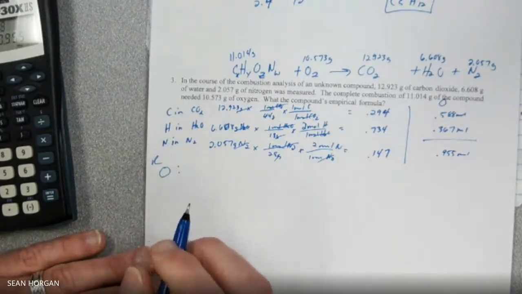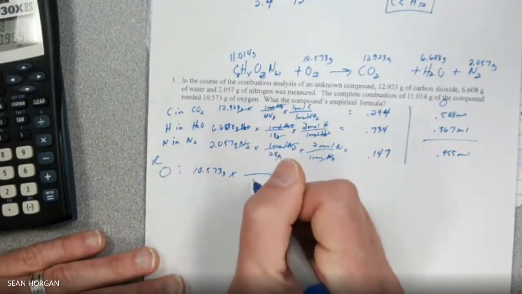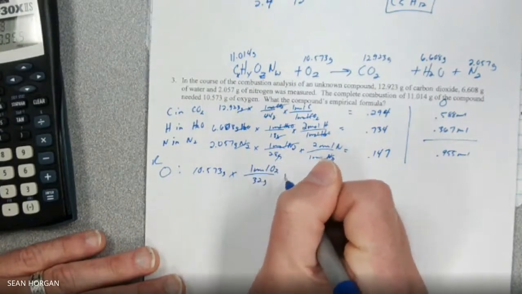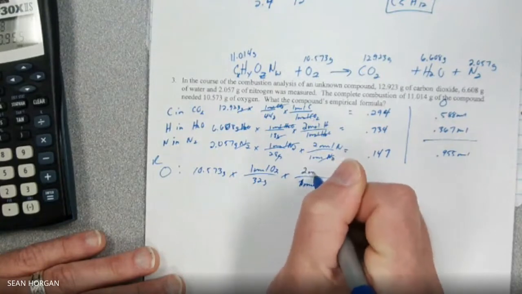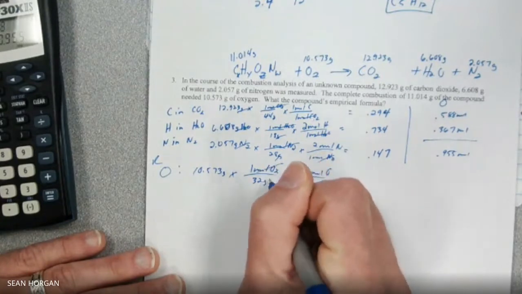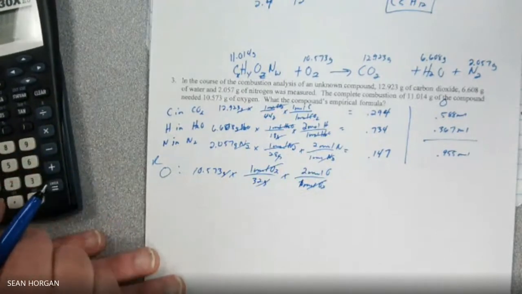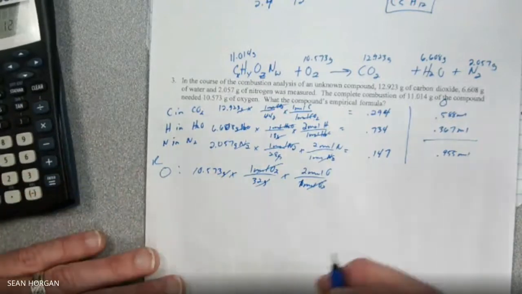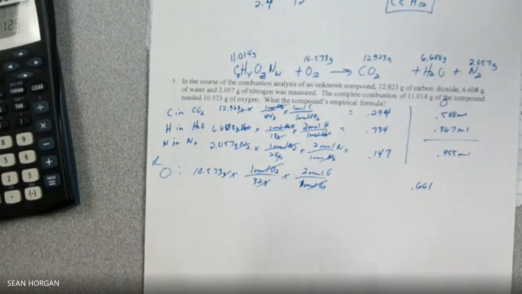Okay? Now, let's do the O on the reactant side so we can see it. And we have 10.573 grams times 1 mole of O2 for every 32 grams times 2 moles of O for every 1 mole O2. Those cancel, right? 10.573 times 2 divided by 32 equals 0.661, essentially, right?